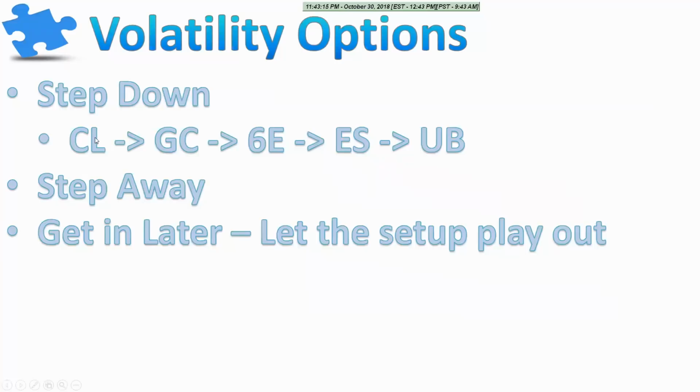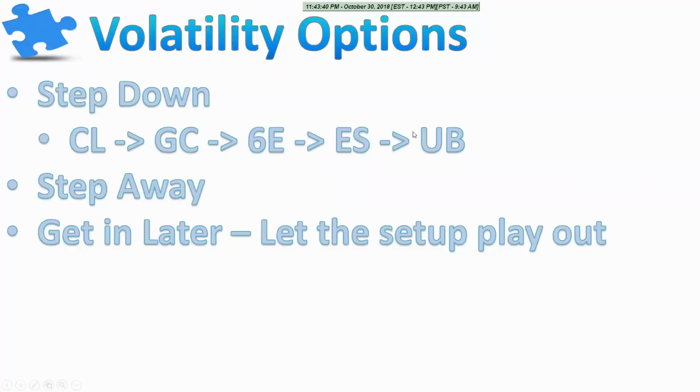Now, if the markets as a whole become more volatile and crude becomes too fast for you, step down to gold, right? Have a look at gold and see if gold is now moving more like crude than crude usually is. And if gold's too fast for you, step down to the 6C, step down to the bund. There's a whole bunch of markets with this sort of liquidity.